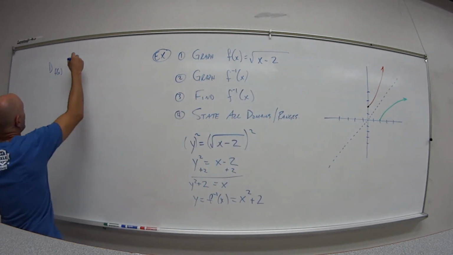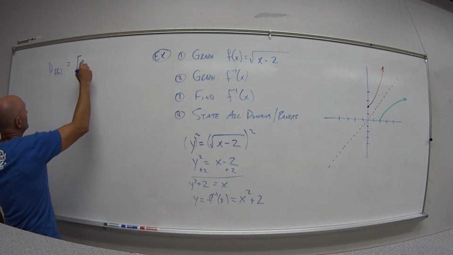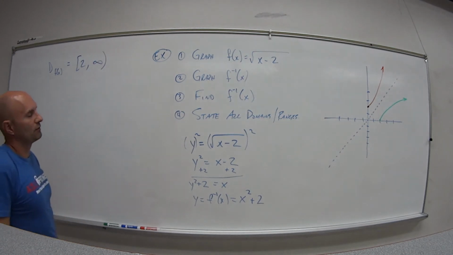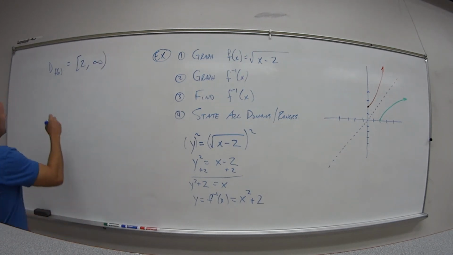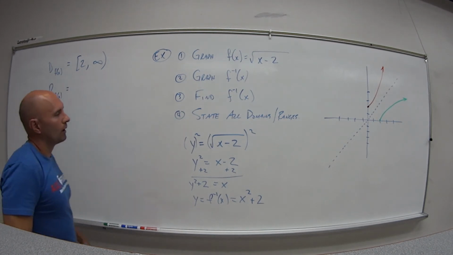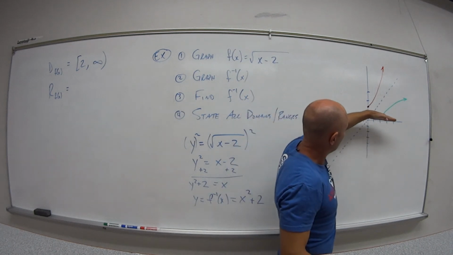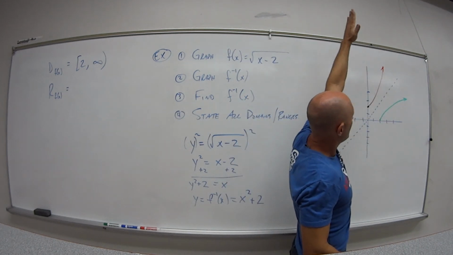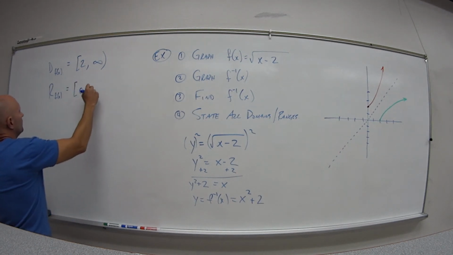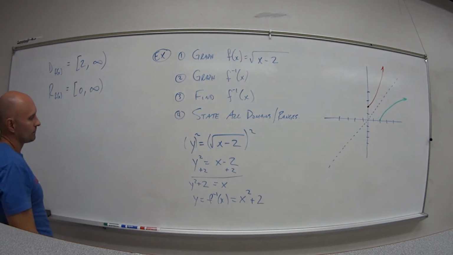So the domain for f of x, and 2 is included, so it gets the bracket, goes from 2 to positive infinity. And the range of f of x is equal to what? Well, that's all the y values. So the green goes from 0 all the way up to infinity. 0 is included, goes up to infinity.